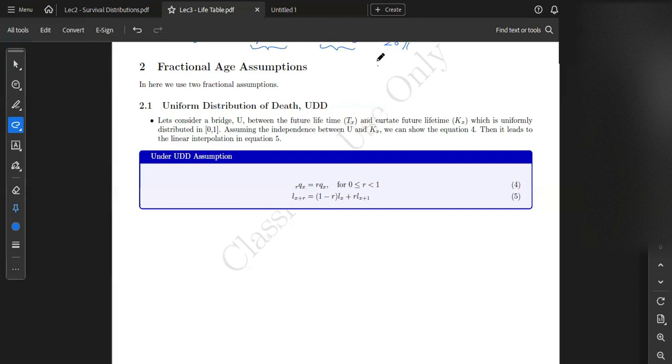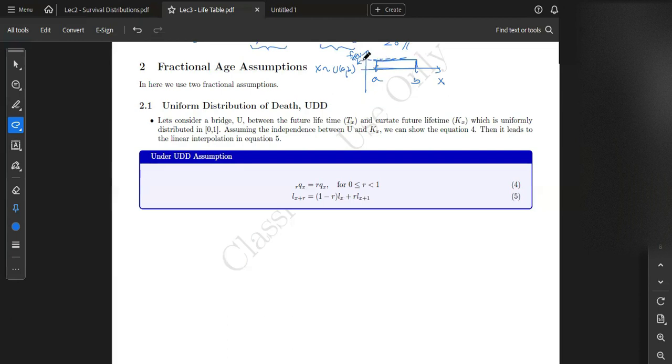So for a general case, if we say X is uniformly distributed in between A and B, that implies the density function is only defined for the interval between A and B, and it is uniform.